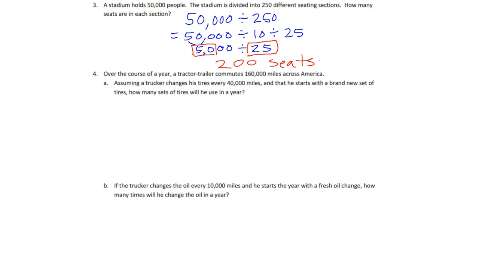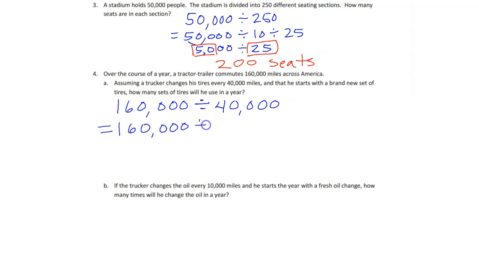Alright, so let's take a look at that. Well, we know that he commutes 160,000 miles, and we'll divide that by his 40,000 miles. So now we know that this is going to be equivalent to 160,000 divided by, this 4 is in the 10,000s place, so that's 4 10,000.